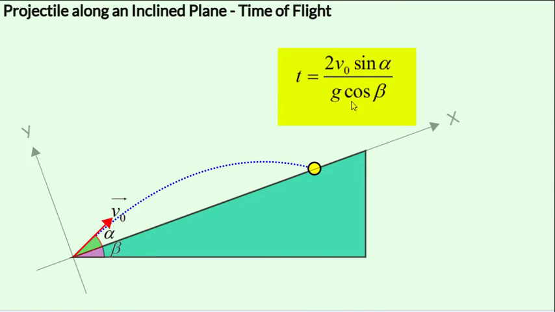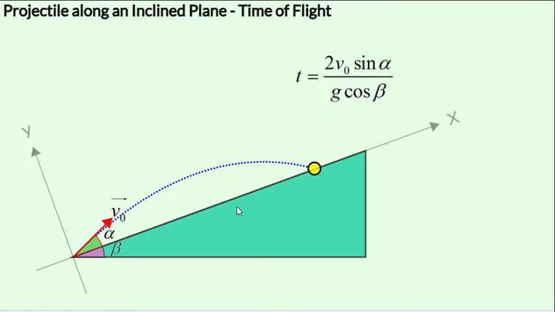So cos of beta is the extra term that is introduced when it lands on an incline having an inclination of beta. So when beta is 0, cos of beta is 1 and the projectile lands back on the ground. And we get the same expression for time as we did earlier.